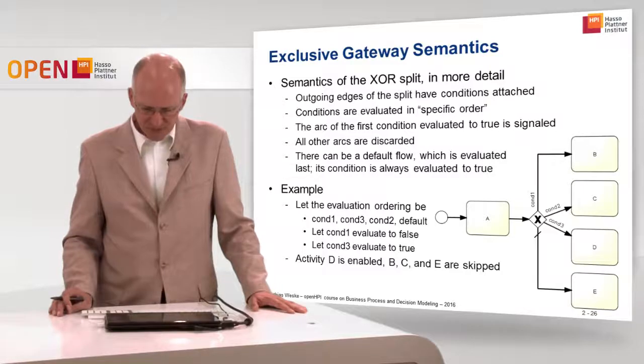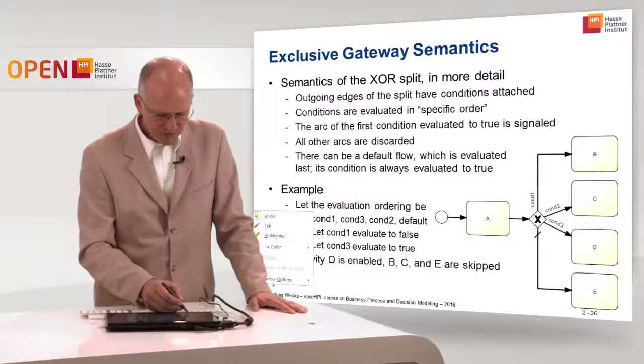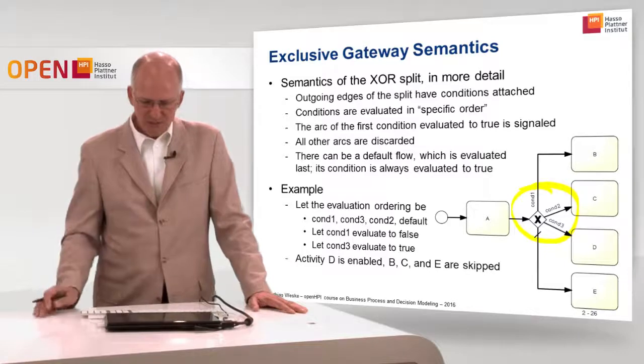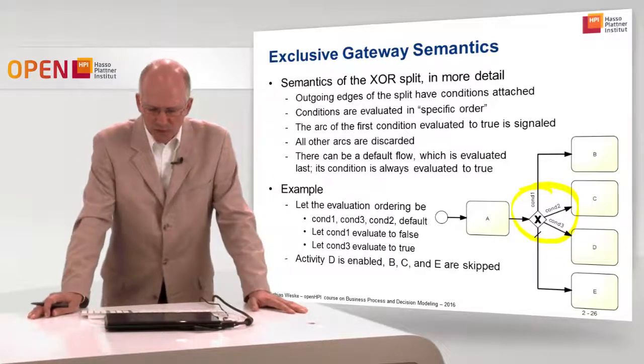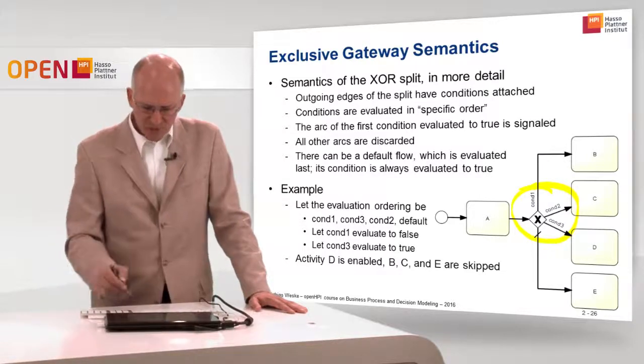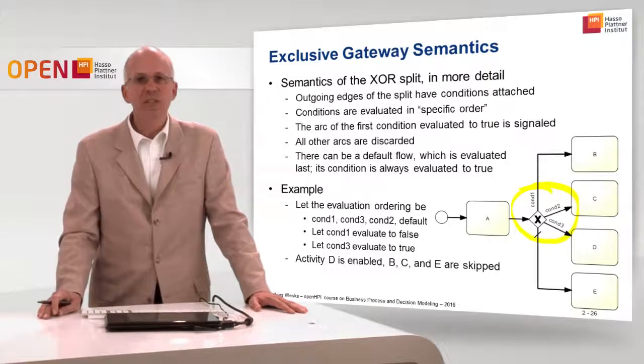We have the activities A, B, C, D, E, and one exclusive OR split with conditions attached, condition 1, condition 2, condition 3, and one sequence flow with a little black line, which is called the default flow.